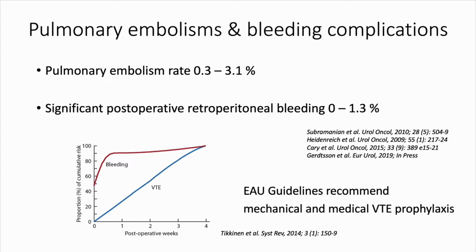We do know that most of the bleeding complications usually happen during the first few days, while the risk of VTE is constant over a period of 4 weeks. And the EAU thromboprophylaxis guidelines do recommend mechanical and medical VTE prophylaxis after RPLND all the way up to 4 weeks.